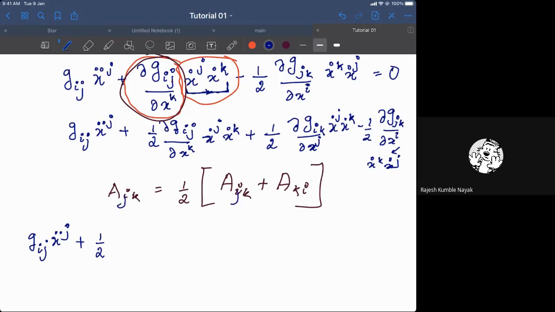It's a free index. The two dummy indices are the ones we are symmetrizing. So I retain the first term as jk, and this is anyway symmetric between j and k. We don't have any issue. You have to keep in mind that when the same vector is coming and the product is done like this, it is always going to be symmetric. So you don't have to worry about them.